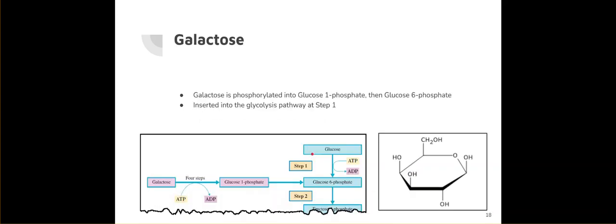But we said when we do that digestion, we not only end up with glucose, but we end up with some other stuff, right? So we end up with galactose. This is a galactose molecule. This is a monosaccharide. Galactose will get phosphorylated into glucose 1-phosphate, and then it will get converted to glucose 6-phosphate. And now it can just get inserted in that very first step, because that's where we started.